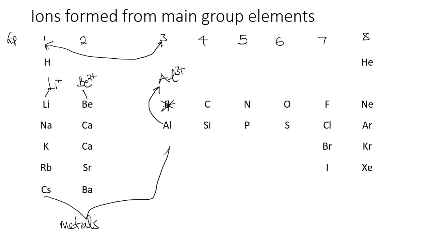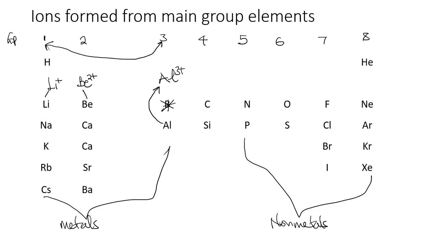Now, from nitrogen all the way down here, we have non-metals. So I said that metals form ions by losing their electrons, and usually the group number will be the charge on the ion.